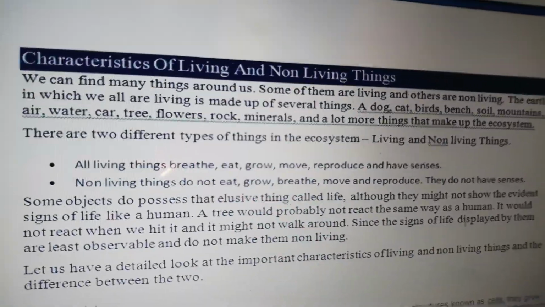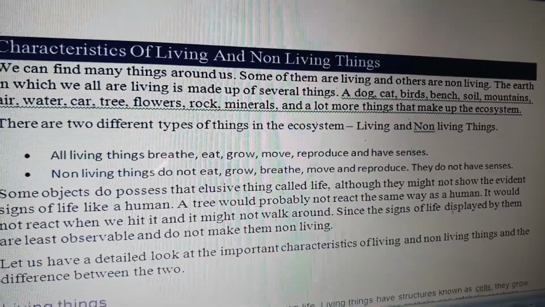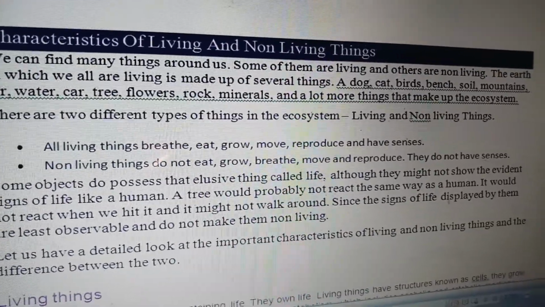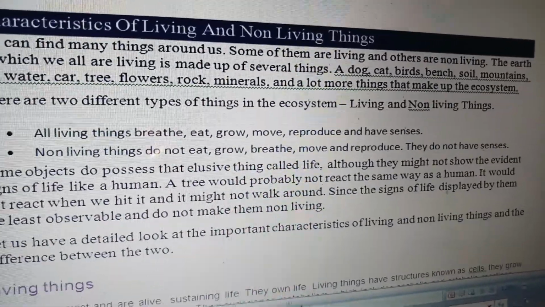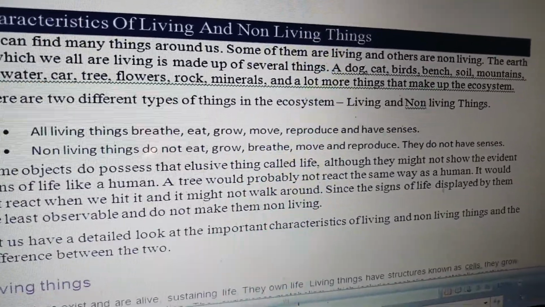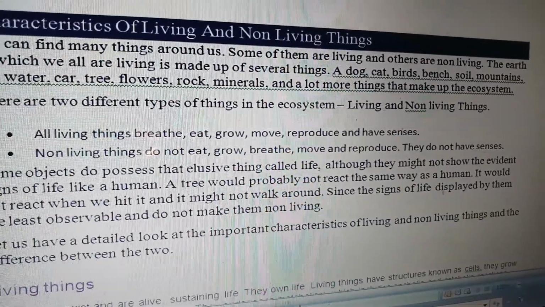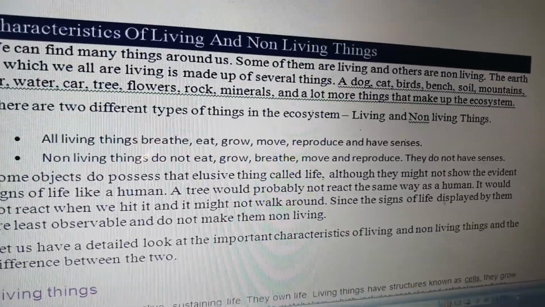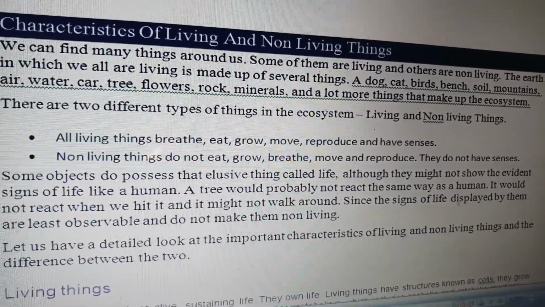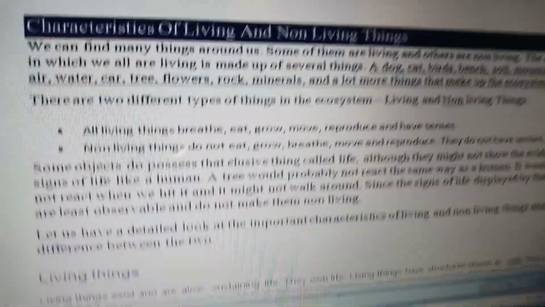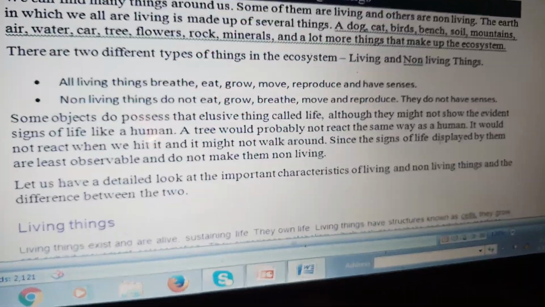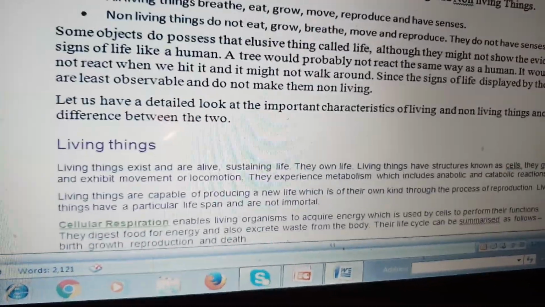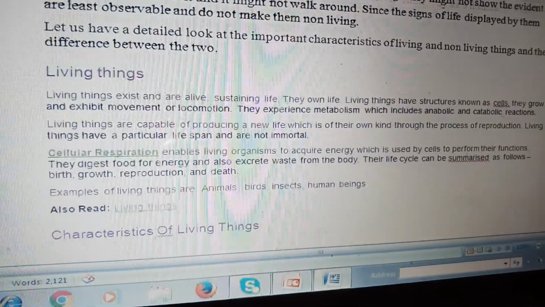These are the main points on the basis of which you can differentiate between living and non-living: all living things breathe, eat, grow, move, reproduce and have senses, and they react to external stimuli, whereas non-living things do not eat, grow, breathe or reproduce. I think previously you have studied living and non-living things.